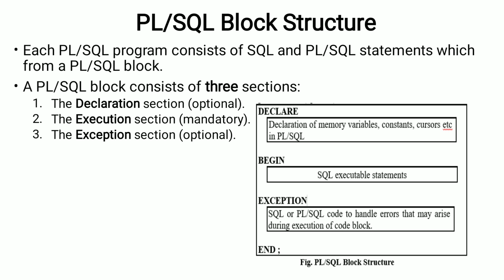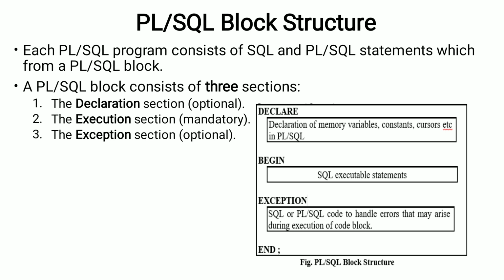Here is the PL/SQL block structure. First part is declaration of variables, cursor, procedure, function, trigger, assertion, etc. This comes under the declaration part. Next part, begin, that is our SQL statements, control structure, etc. Main body, begin.